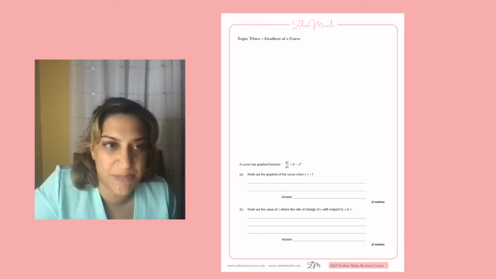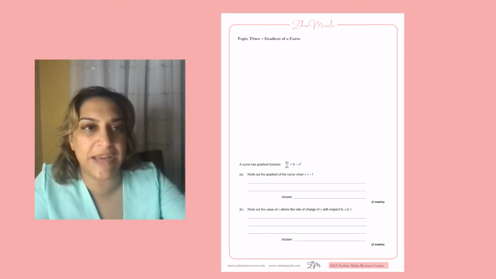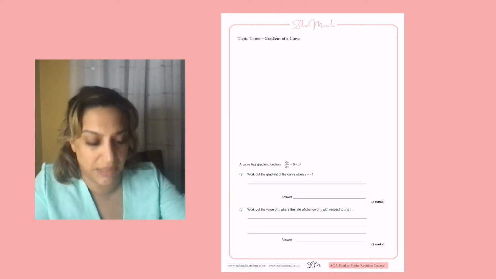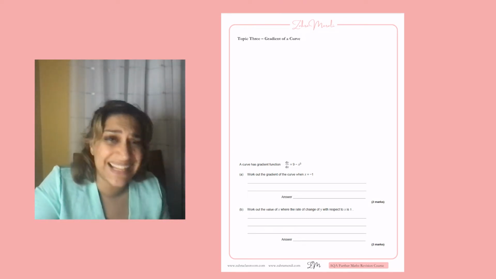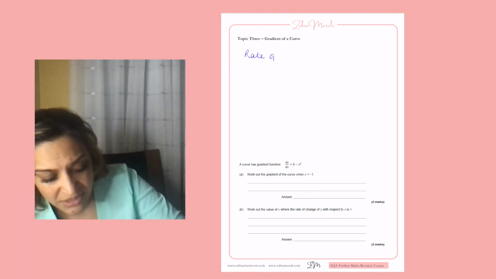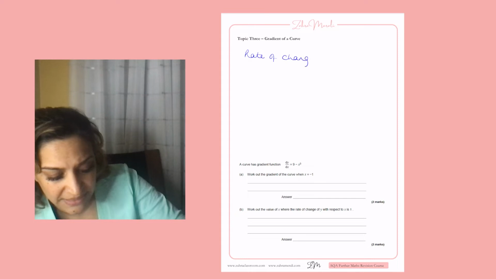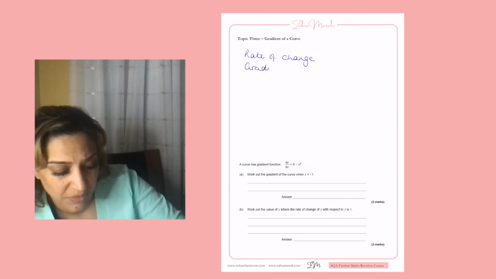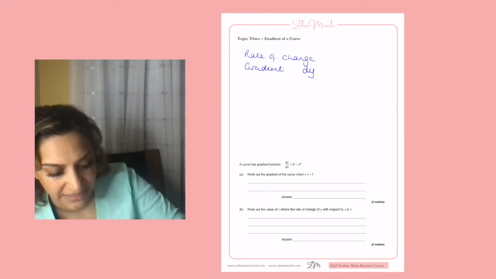Okay, the next bit, we're looking at the gradient of a curve. Now, exactly the same. Rate of change, gradient, all of these are different ways of talking about dy dx.